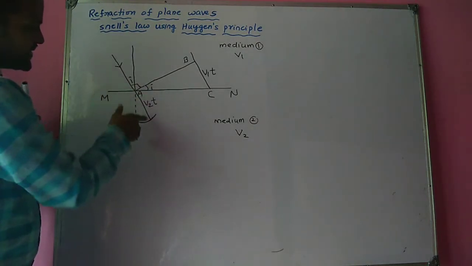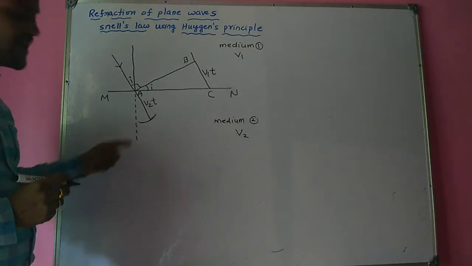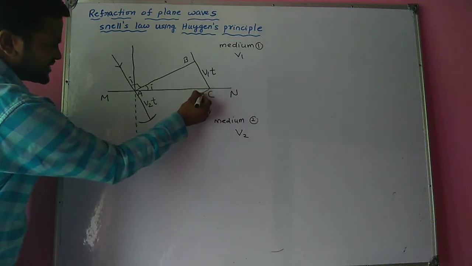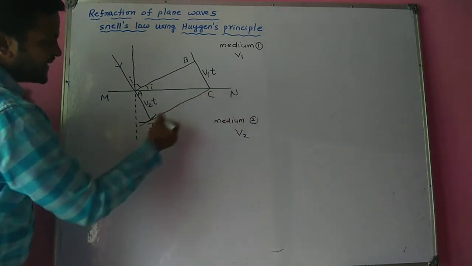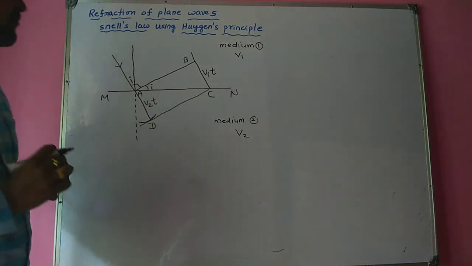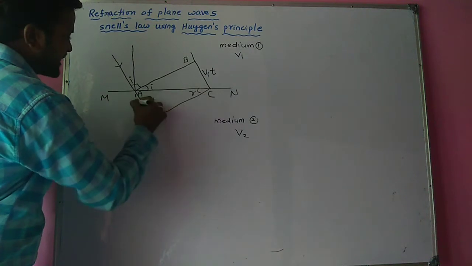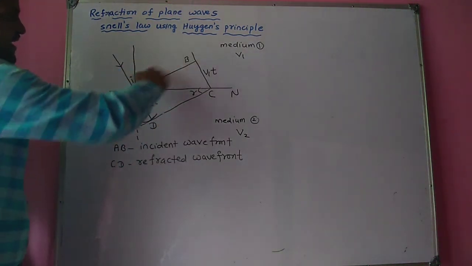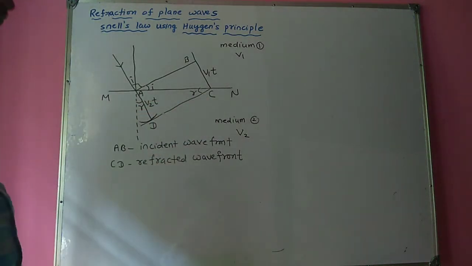Now we take the tangential surface to this sphere to get the refracted wavefront. Let us take the tangential surface like this, and it touches at point D. Now CD is the refracted wavefront and the angle of refraction is r. AB is the incident wavefront and CD is the refracted wavefront.